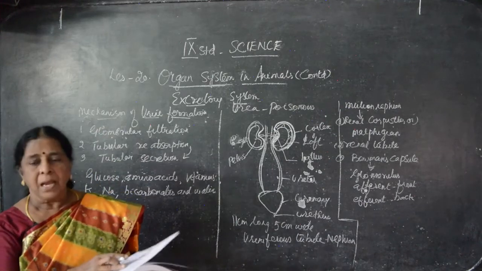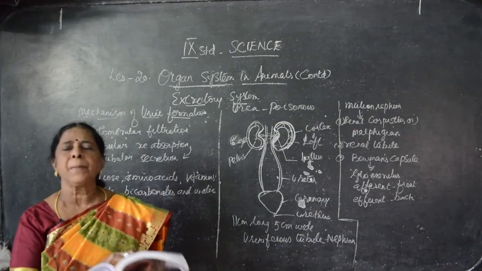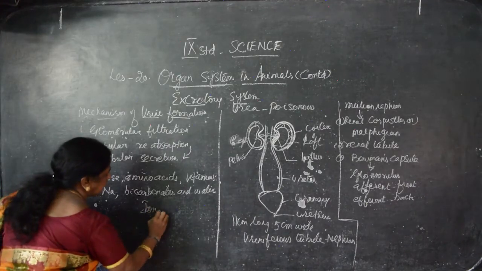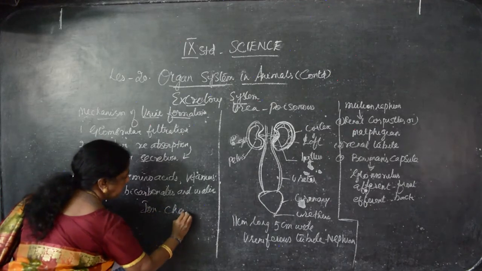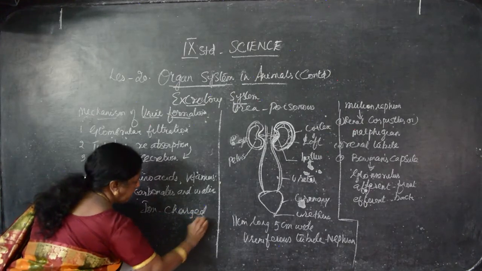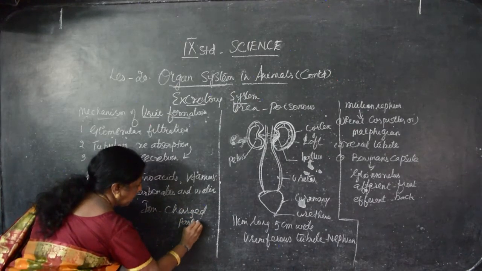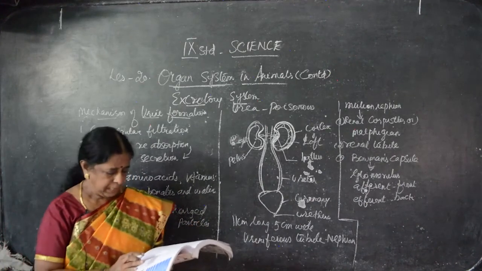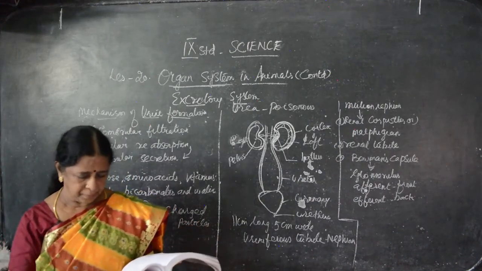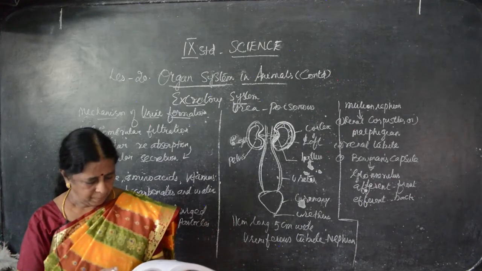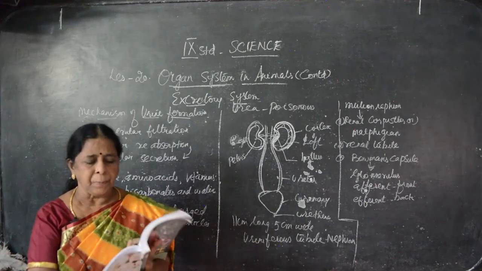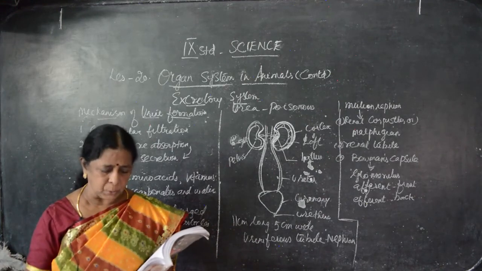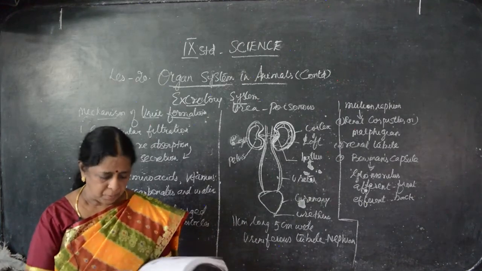Substances such as hydrogen and potassium, H ions and K ions. Ions means charged particles. They are filtered off. And finally urine passes into the collecting ducts. When it comes to the urinary bladder, it is let out through the urethra, a small opening.